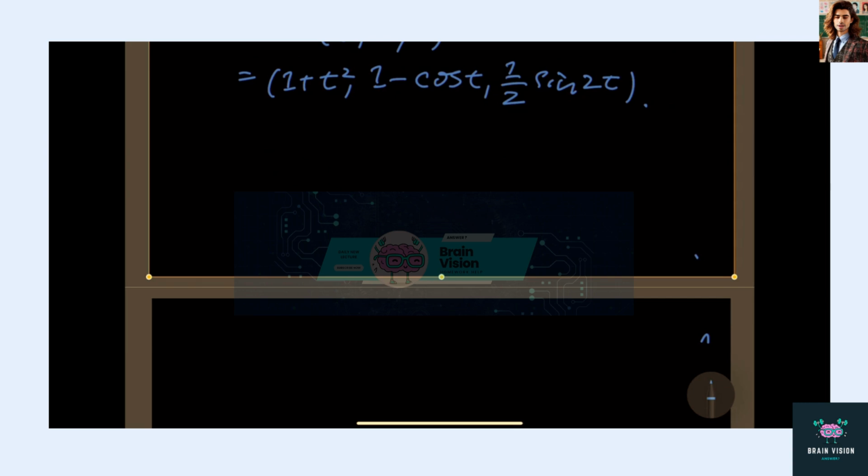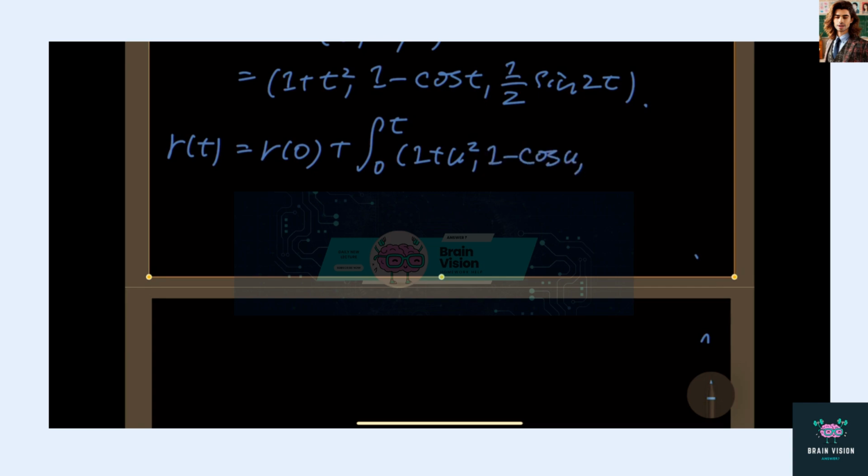Now we're just going to take the same step, but replacing a of t with v of t in order to find the position function. So r of t equals r of 0 plus the integral from 0 to t of 1 plus u squared, 1 minus cosine of u, and then 1 over 2 sine of 2u du.